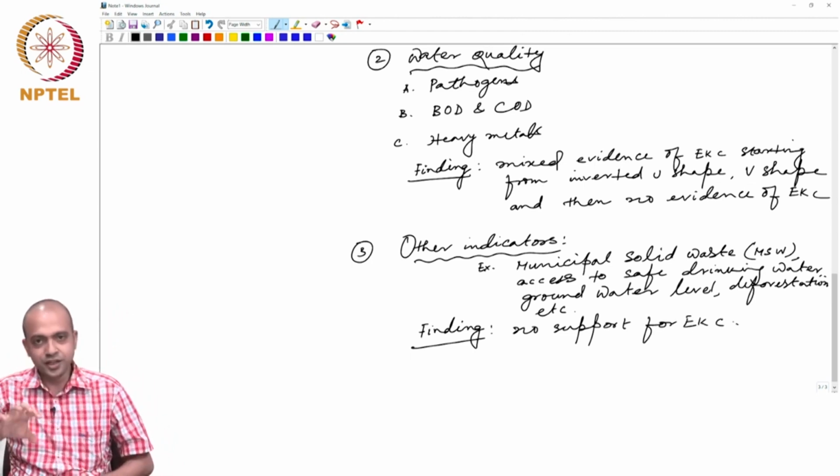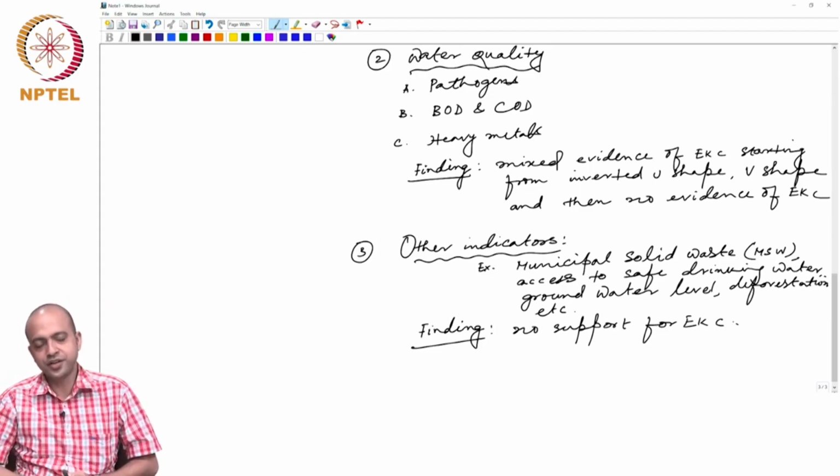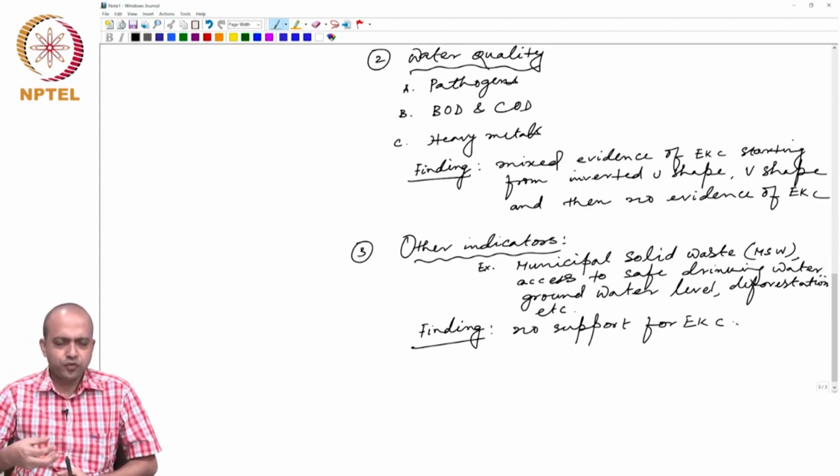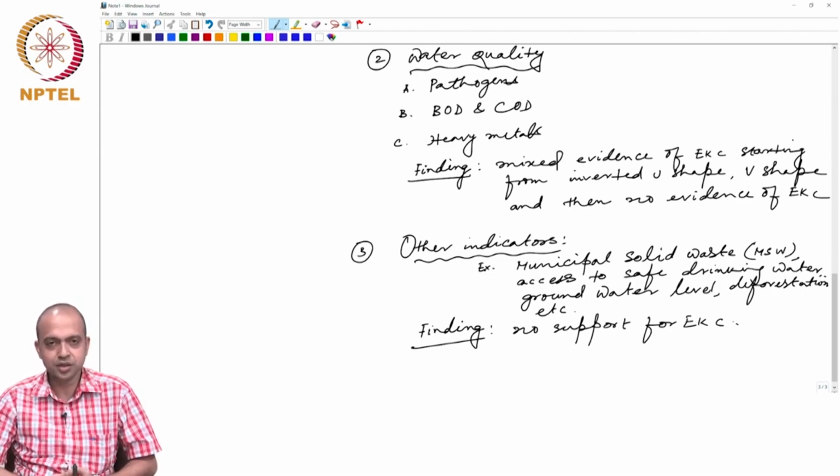Now, one thing is clear from this discussion, that finding for environmental Kuznets curve is quite mixed. That means, for all type of environmental quality, empirical literature, they do not support EKC type of relationship.